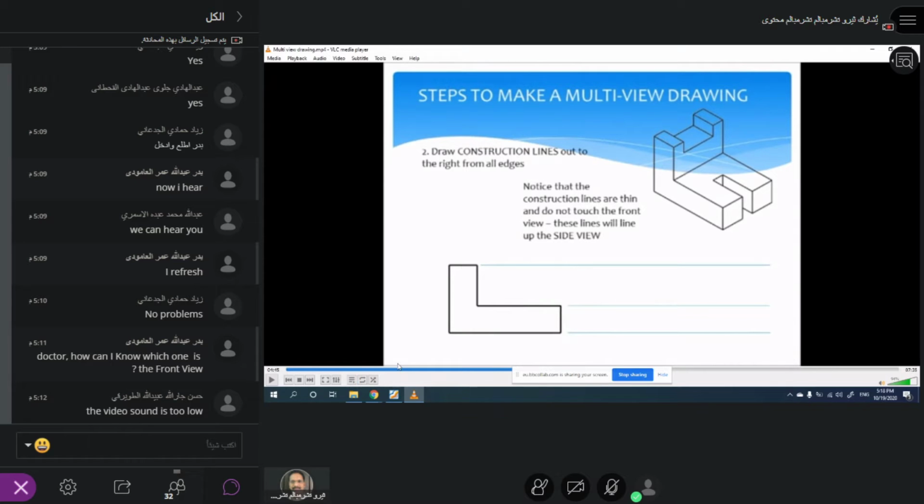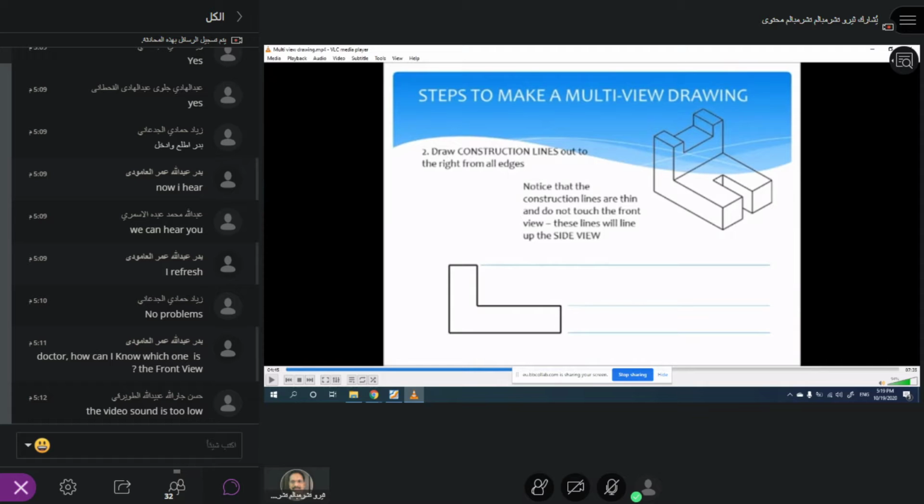I'm sure in your assignment, many of you did not draw the construction lines, the blue lines shown here. So please remember, no color lines are allowed in a professional drawing. You should never use a color line in a professional drawing. Instead, you can distinguish the object and the construction line by using two different pencils.